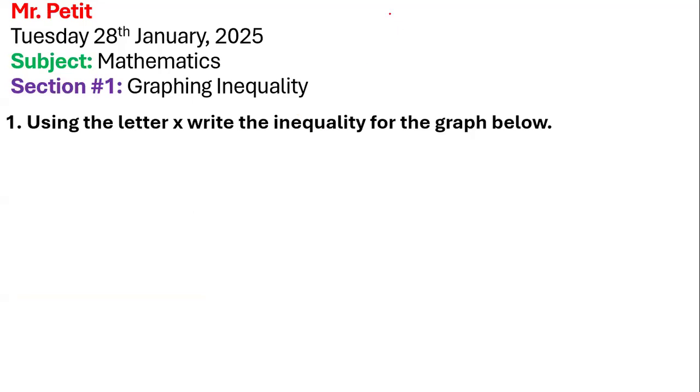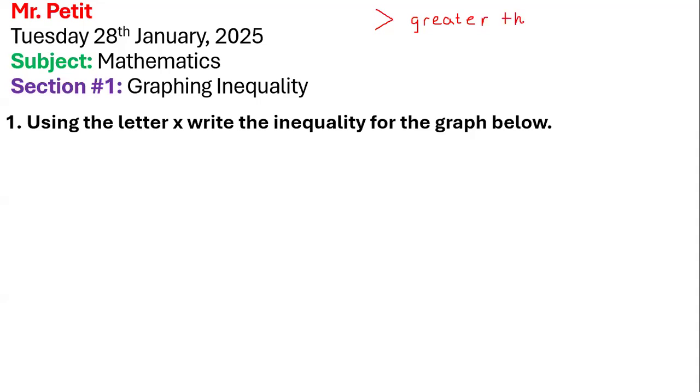You really don't. So for this one, what does this symbol mean? Greater than. Greater than, very good. Let me ask the question again: what does this symbol mean? Greater than, very good.